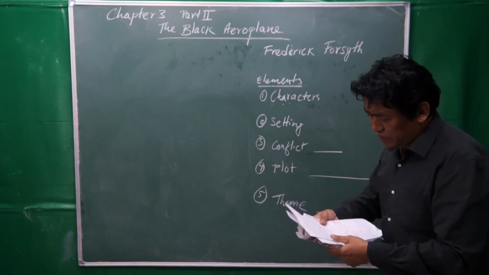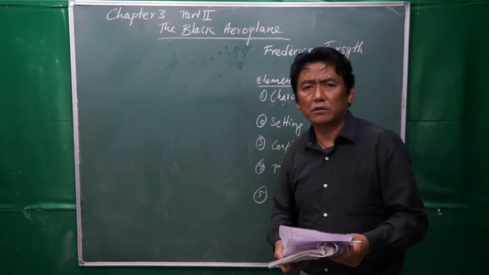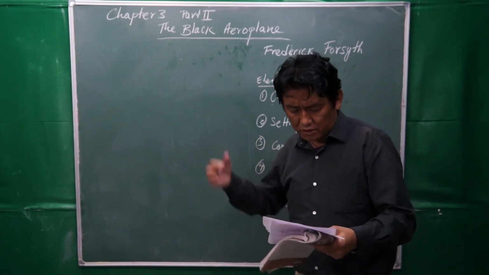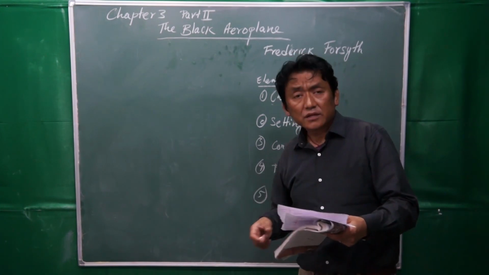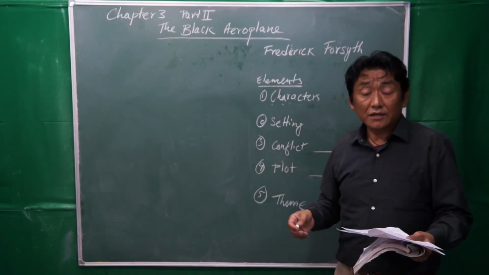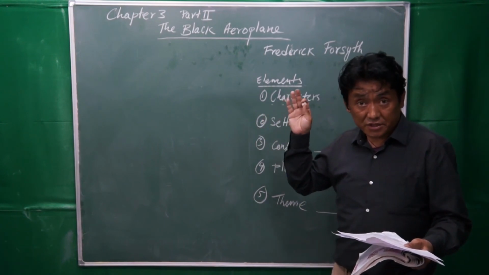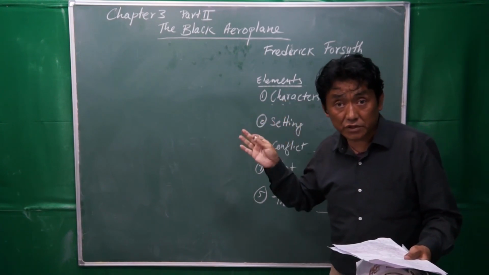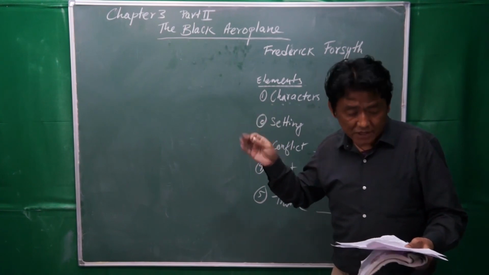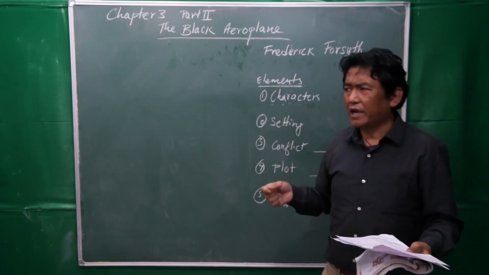Now the big question is, who was that pilot in the black aeroplane? This is a big question, isn't it? This is a suspense situation, right? Mysterious situation, element of suspense. Now see, these are open-ended questions.